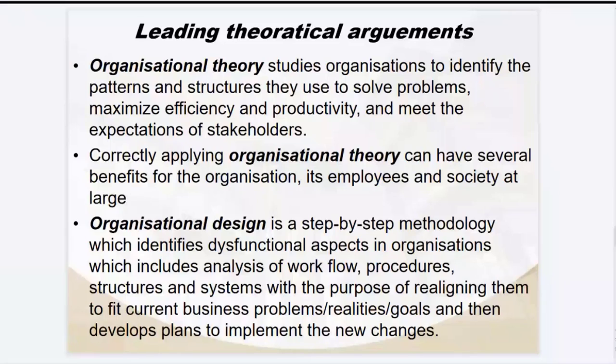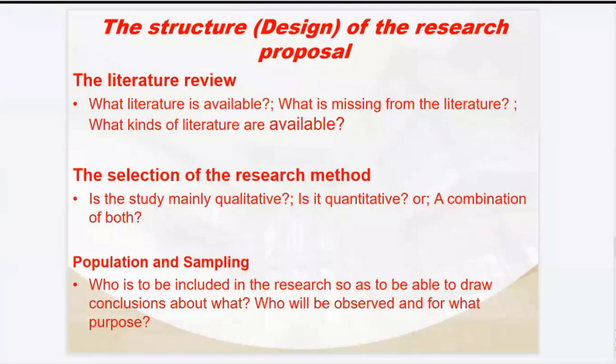The next slide is again about literature. Literature says we must do a literature review. What literature is available must be known to us by reading. What is missing from literature, that is the gap. What kinds of literature are available?